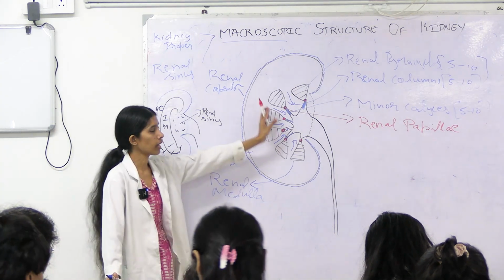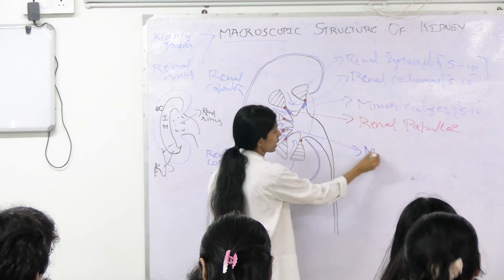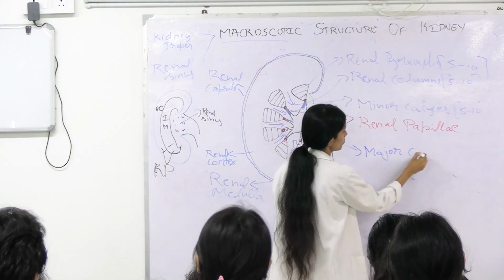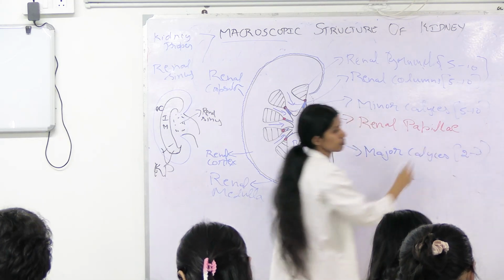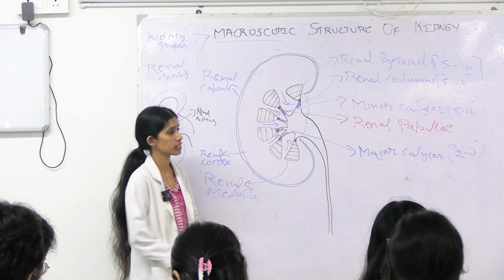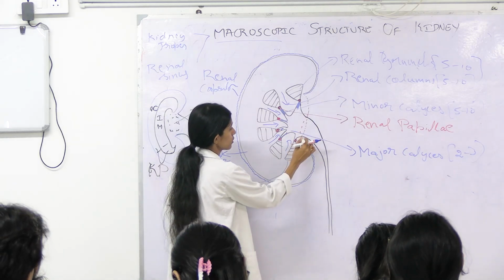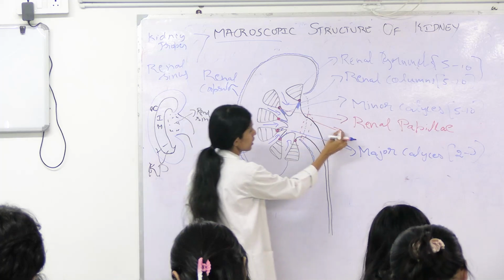Okay, then your minor calyces will join your major calyces. These are 2 to 3 in number. Okay, then the funnel shaped structure that you are seeing at this opening is your hilum. This is the hilum.